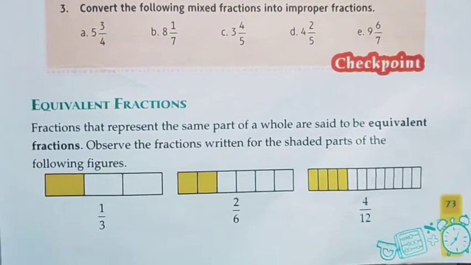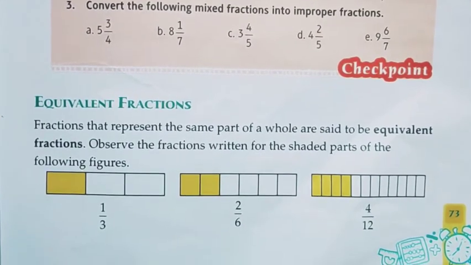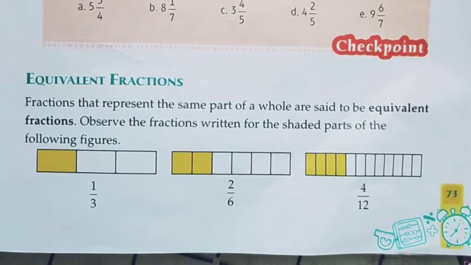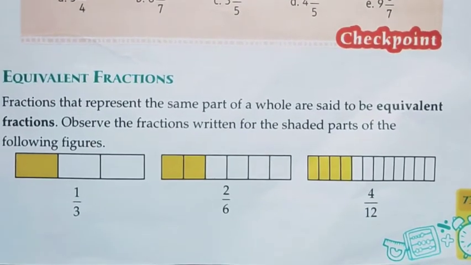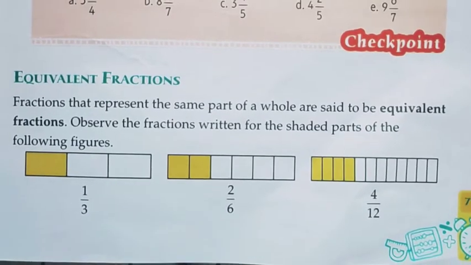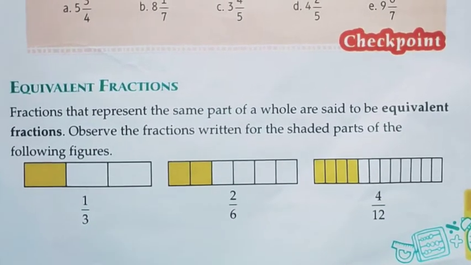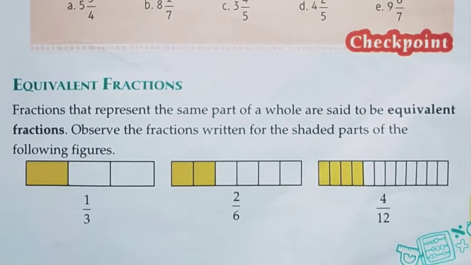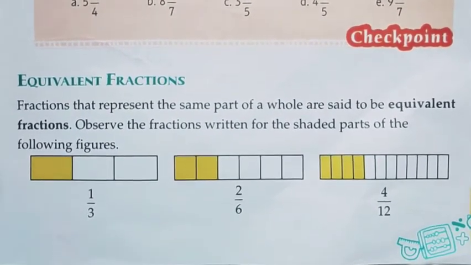Observe the fractions written for the shaded part of the following figures: 1/3, 2/6 and 4/12. See the shaded part. In the first object, one part is shaded out of 3 parts, and in the second one, two parts are shaded out of 6 parts.